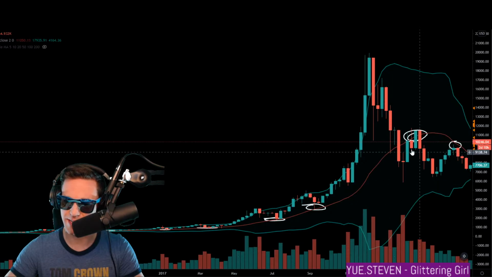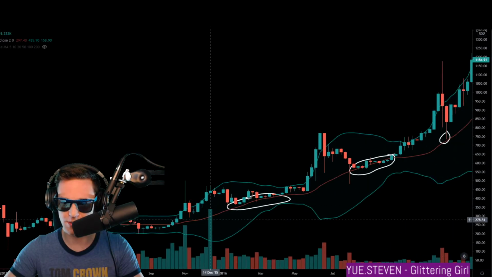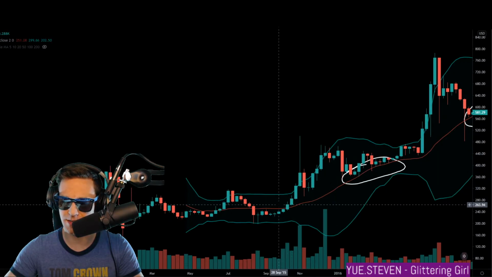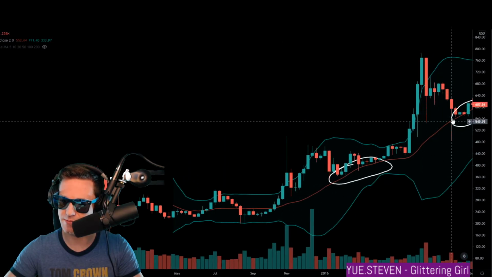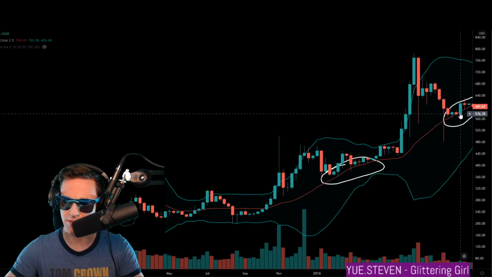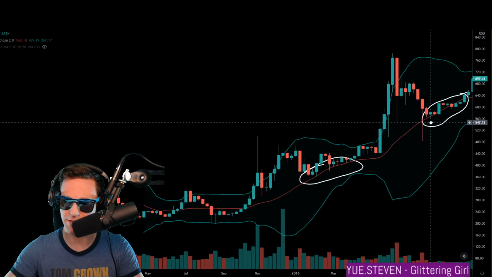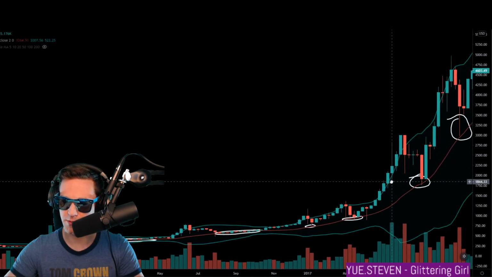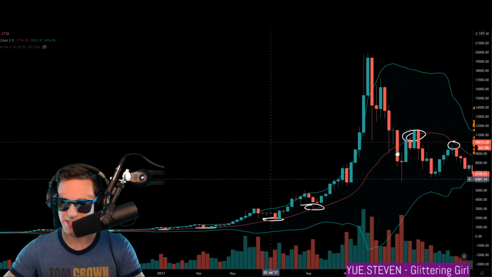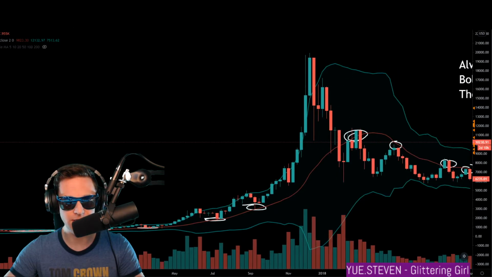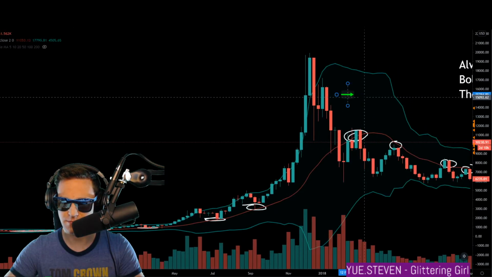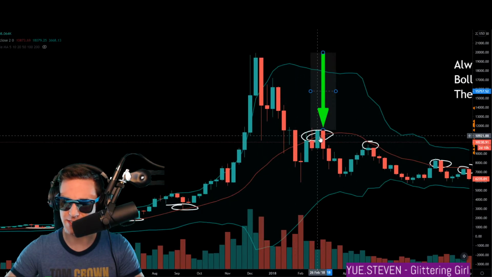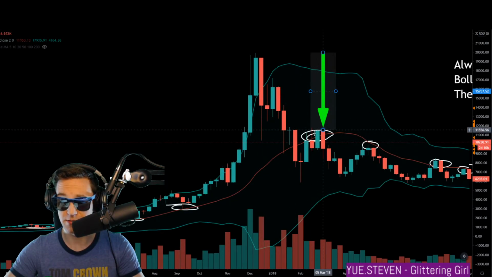And you can see that it really wasn't breached. When the trend was up, the middle band really was not breached. We had some wicking, really shallow closing and opening underneath it. But for the most part, it was support. And then as soon as we saw it act as resistance, the trend started to move down.